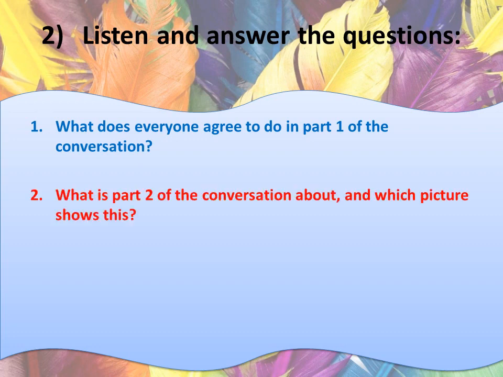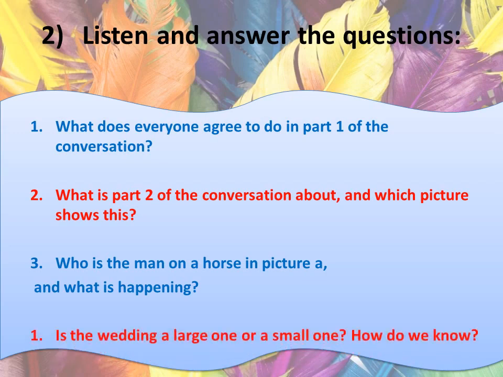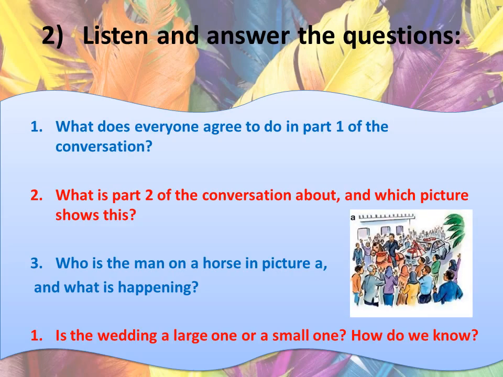What is part 2 of the conversation about, and which picture shows this? 3. Who is the man on a horse in picture A, and what is happening? 4. Is the wedding a large one or a small one? How do we know? Now let's explain the questions.